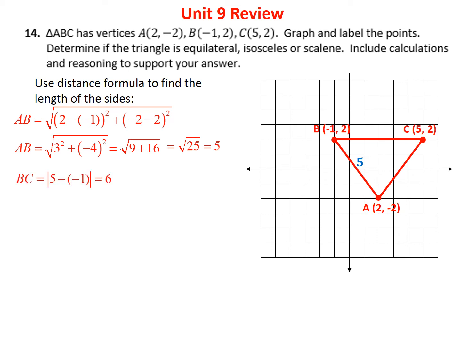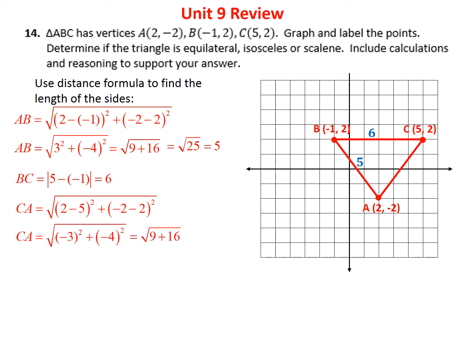When I look at BC, I can just count the squares across. 1, 2, 3, 4, 5, 6, or I could do the x values. 5 minus -1 is 6. And then likewise on the last one, I do it again, and I'll have 2 minus 5 and -2 minus 2, and we end up with the same as we had for AB, or 5.